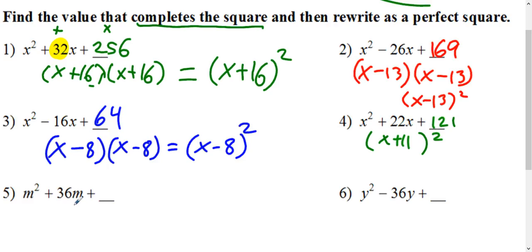36 divided by 2 is 18. 18 squared is 324. So then when we factor this, it becomes m plus 18 and m plus 18, so m plus 18 squared.